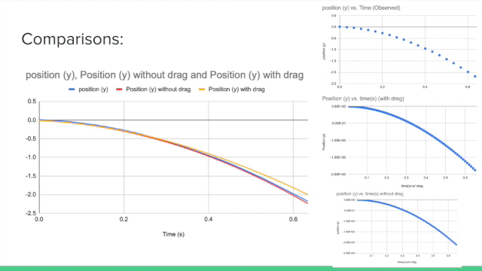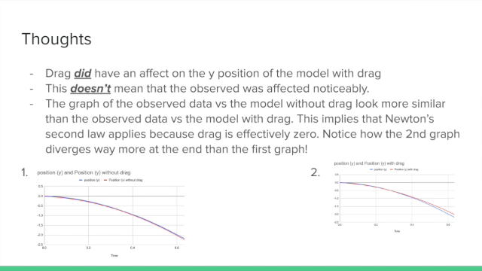And then on the far right, you have three graphs, and they're each respective graphs. And as you can tell, they look very similar, but when you look back at all three of them combined onto one graph, they are different. So my thoughts. Drag did have an effect on the y position of the model with drag, but that does not mean the observed model was affected noticeably.